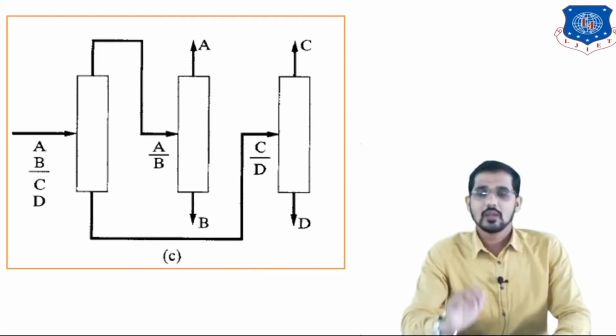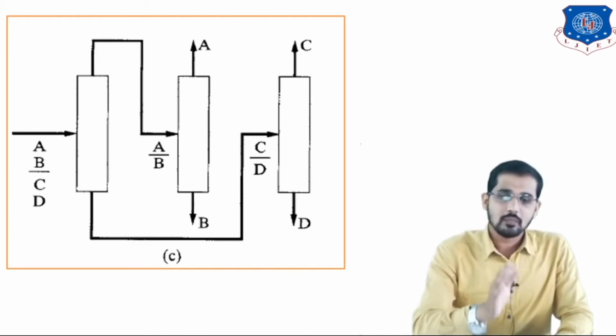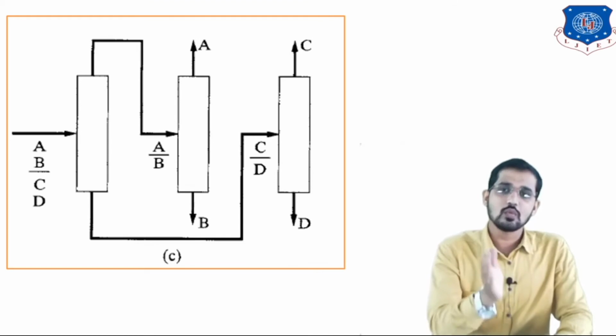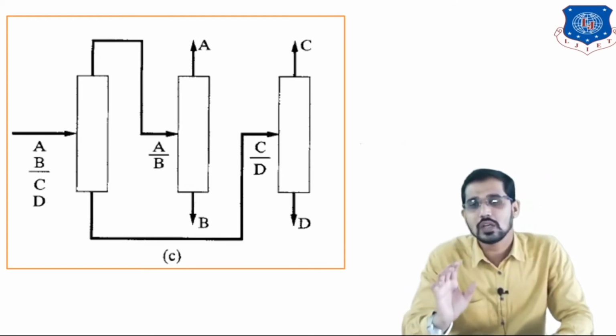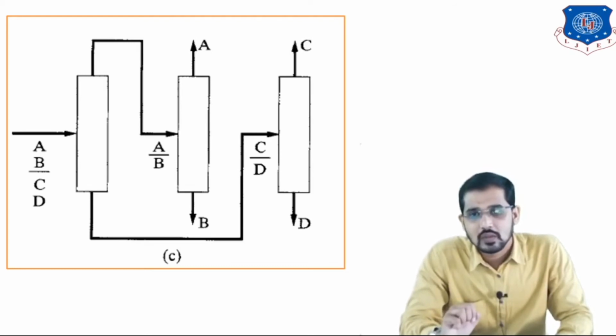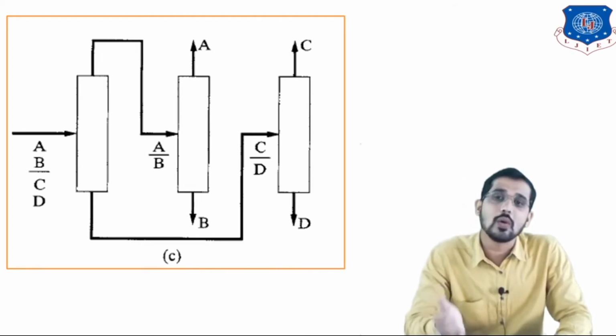So you can see here the volatility order in this manner: A is more volatile than B, B is more volatile than C, and C is more volatile than D. So we know that the least volatile components are nothing but A and B. So A and B can be operated at the lower temperature.